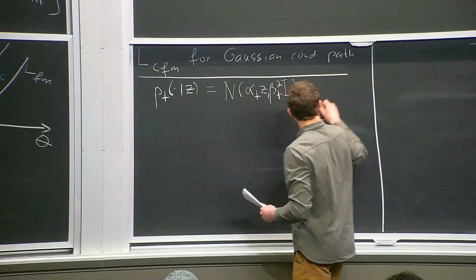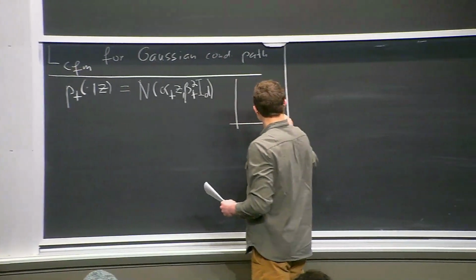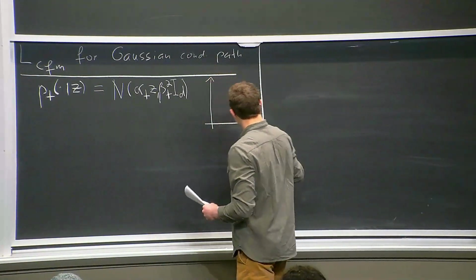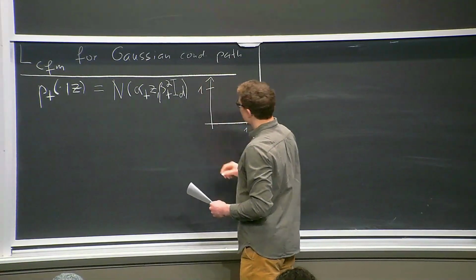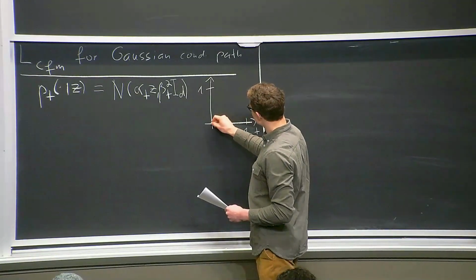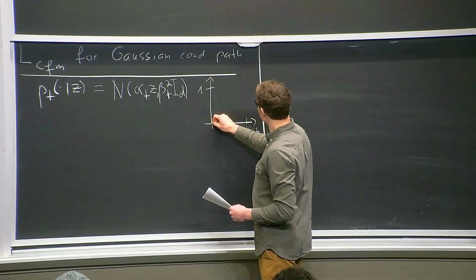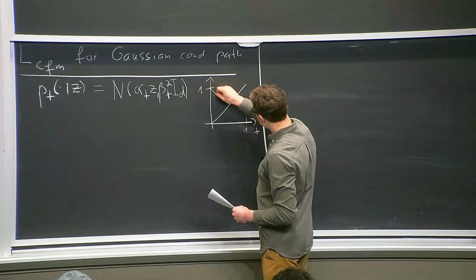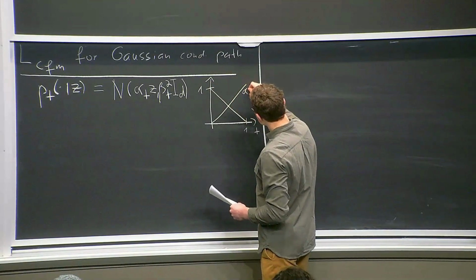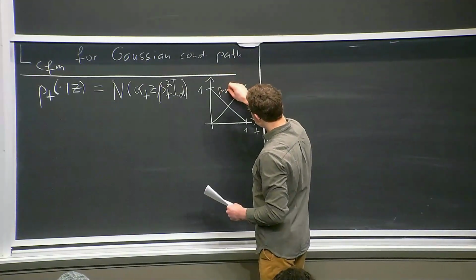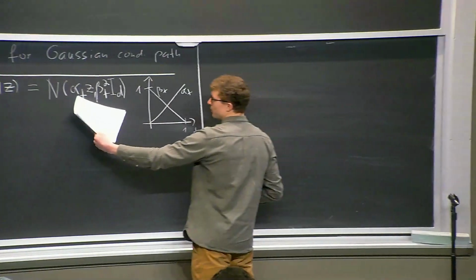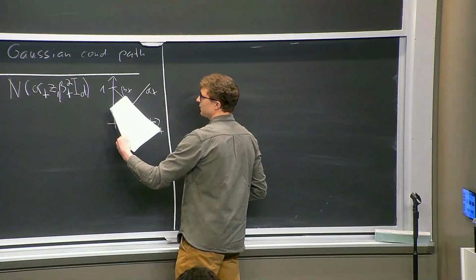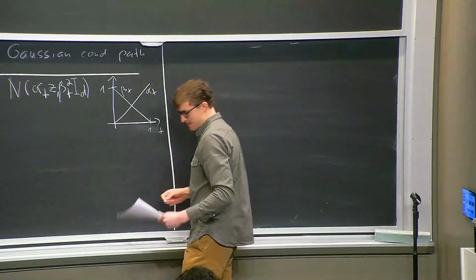And if you remember, alpha t and beta t were designed such that alpha t increases from 0 to 1, and beta t decreases from 1 to 0. So what we're doing is increasing this mean from 0 to z and decreasing the variance from 1 to 0.